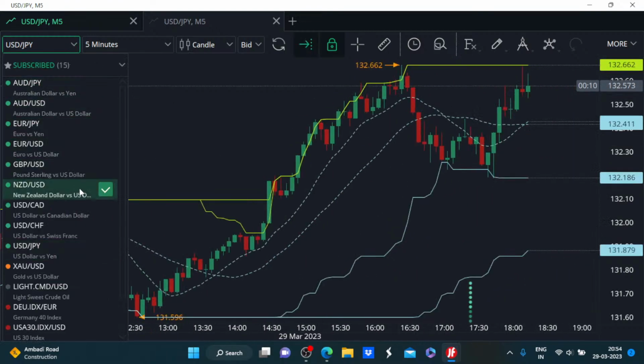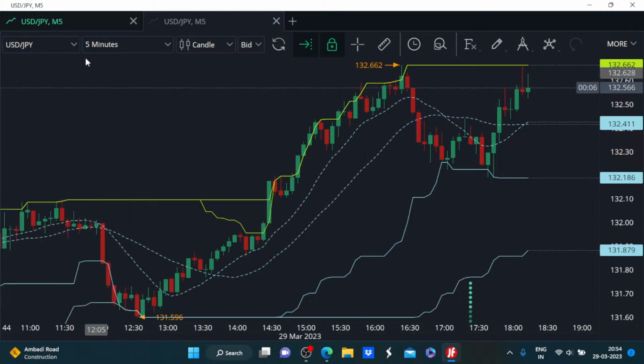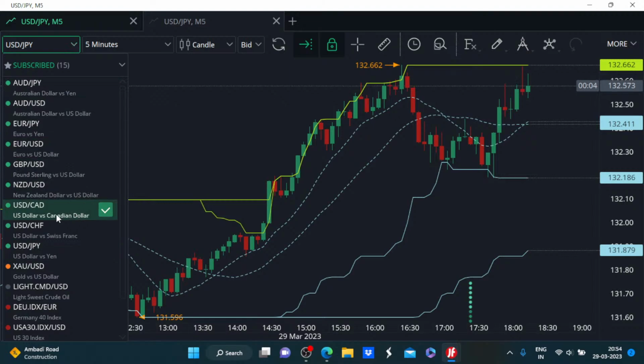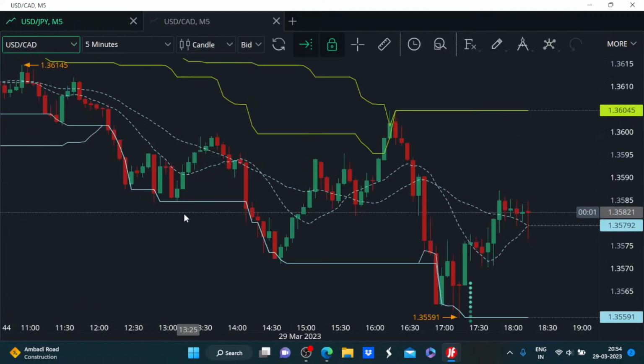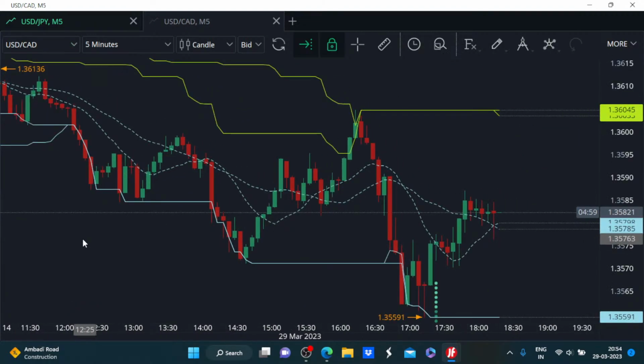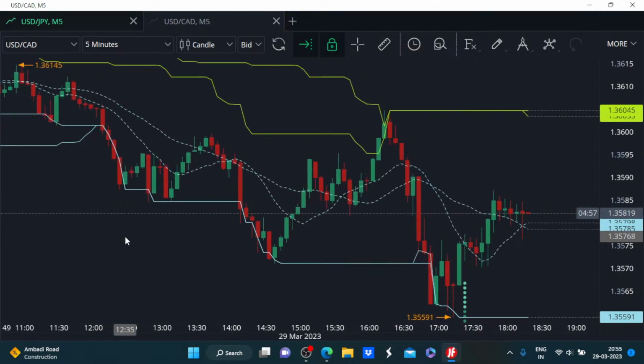The USD JPY is a good choice to go long, and if you expect the US dollar to trade on the back foot, then USD CAD is a good choice to short. So this is the extreme of the spectrum, while all other major currencies are falling in between.